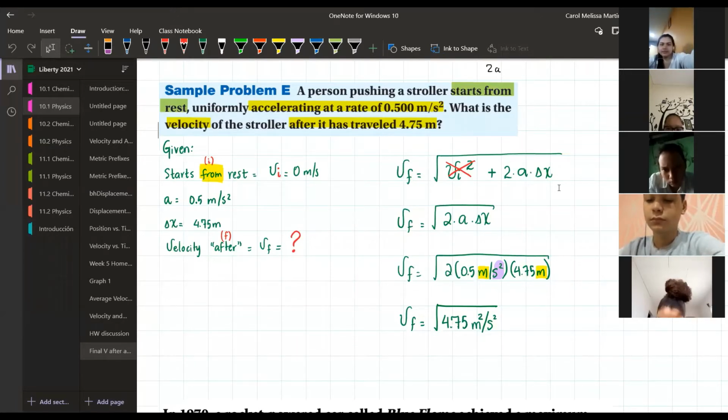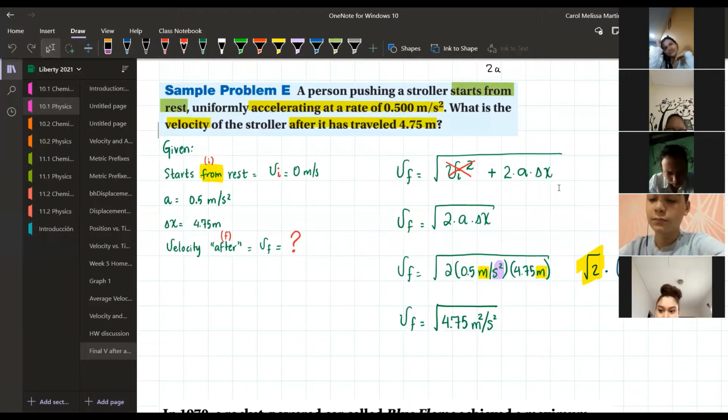So you have the square root of 2 times parentheses 0.5 parentheses 4.75. If you do it like that, the calculator understands that the square root applies only to the first number. So I'm telling you, apply the square root in the last step.